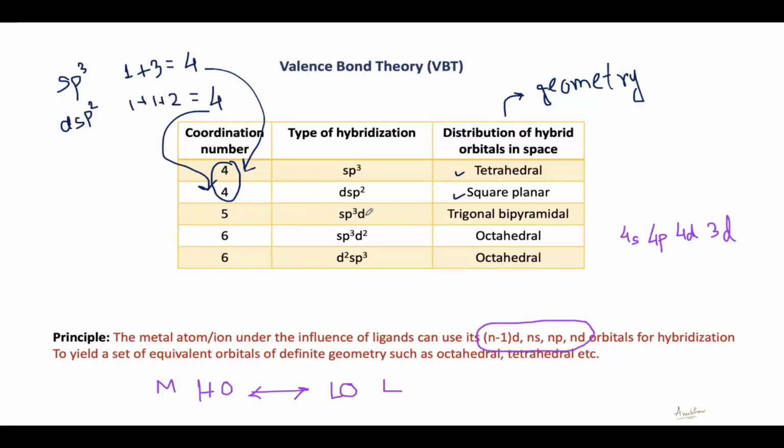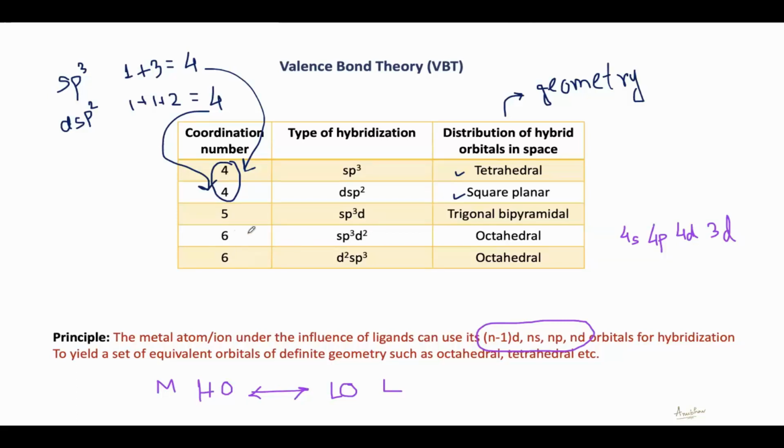Similarly, you can calculate the others. This is sp3d. We have 1 s, 3 p, and 1 d. Total is 5. And in case of coordination number 6, the type of hybridization is sp3d2: 1 s, 3 p, and 2 d. So 1 plus 3 plus 2 equals 6.